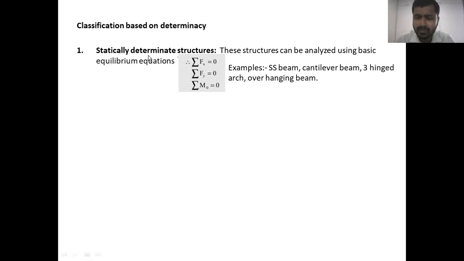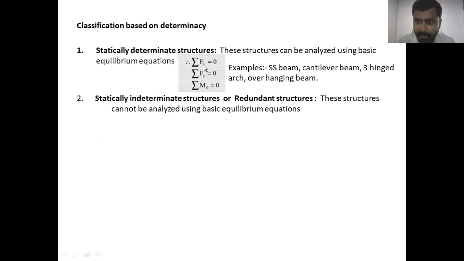You take any of these examples and solve it, you will get only three equations to solve, and I can solve those using these three equilibrium equations. Fine. So the problem is quite easy. But the difficulty comes when the structure is indeterminate, which we call statically indeterminate, or even a redundant structure.